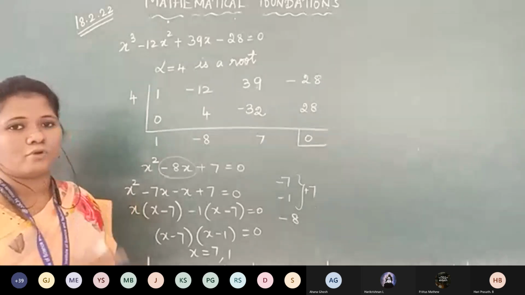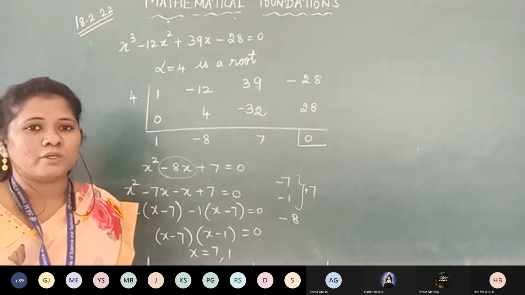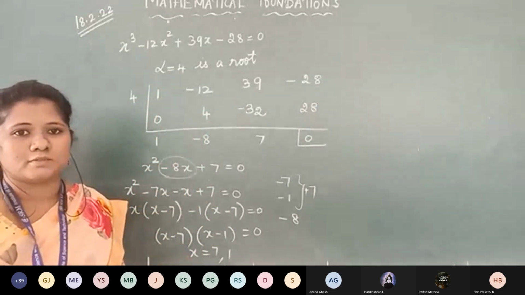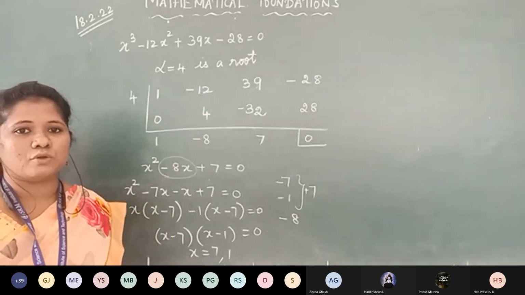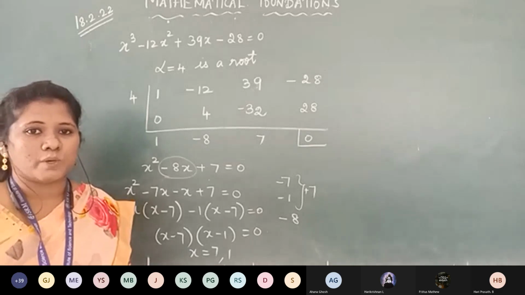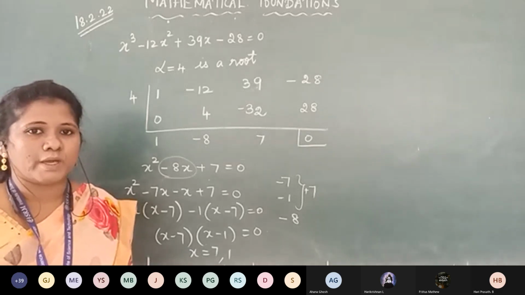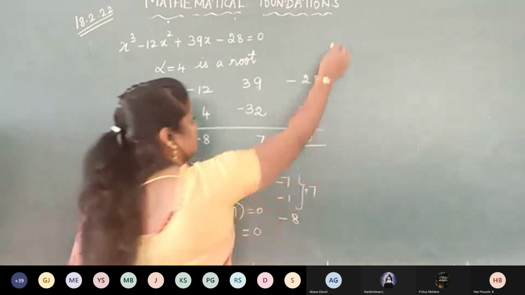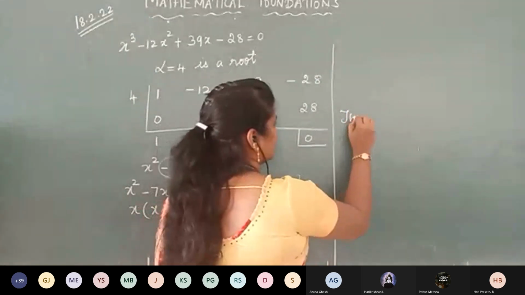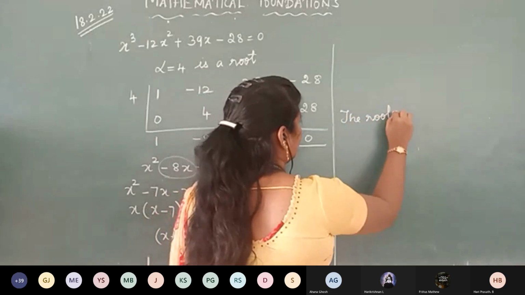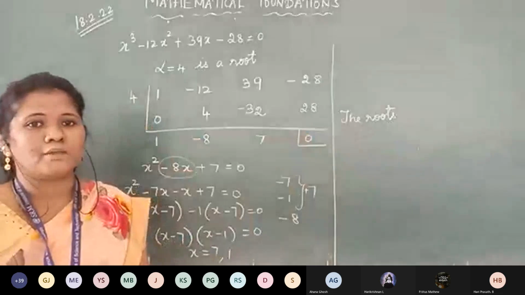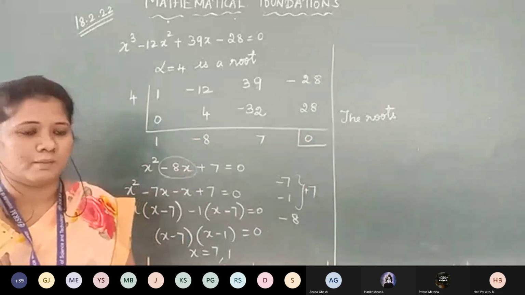It is better you follow this method so that when you do the synthetic division, you will directly get the equation and the values, instead of squaring and then finding the square root. Okay. So the roots are: always start with the small number, then the middle number, then the bigger number.